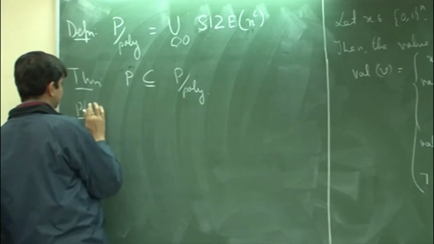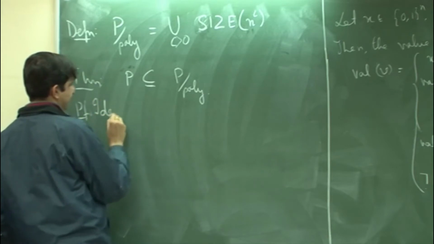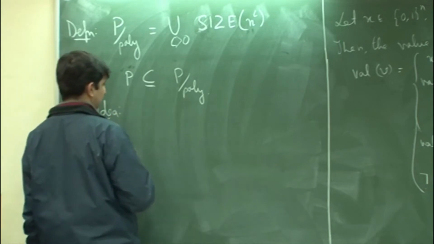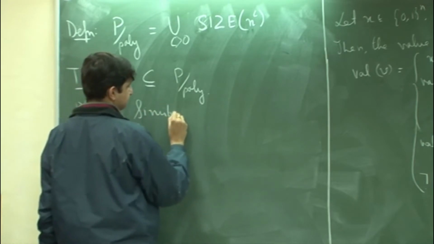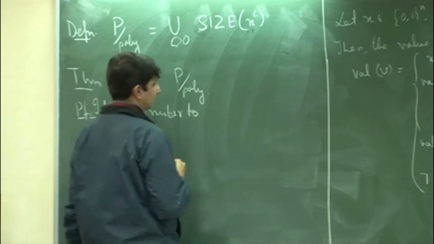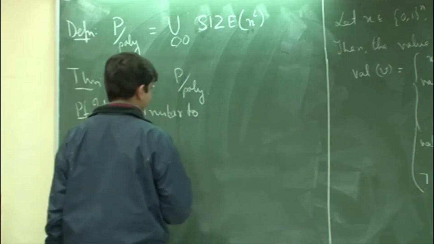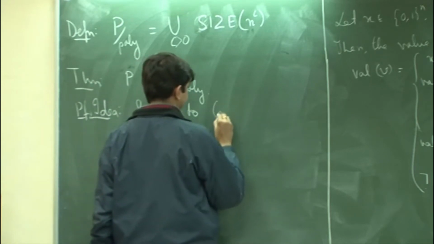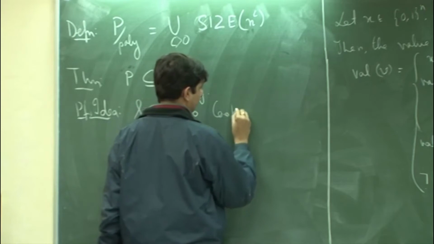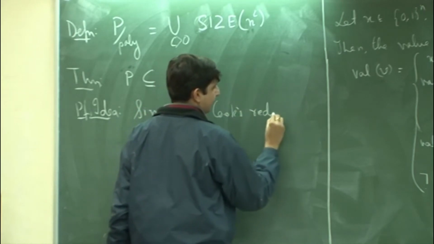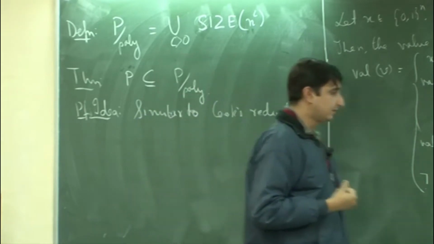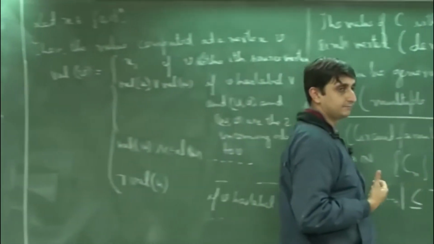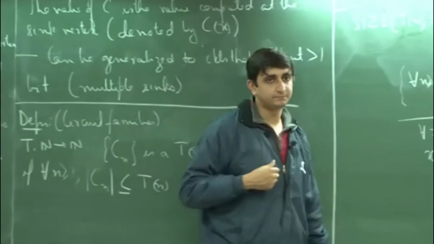The idea of this proof is again similar to Cook's reduction, where we showed that SAT is NP complete, actually SAT is NP hard.